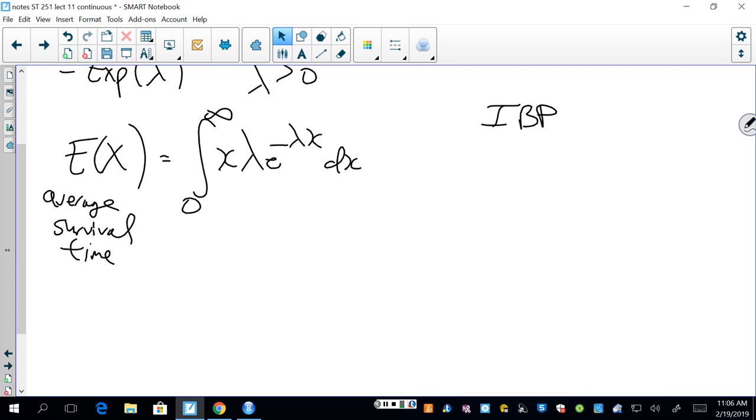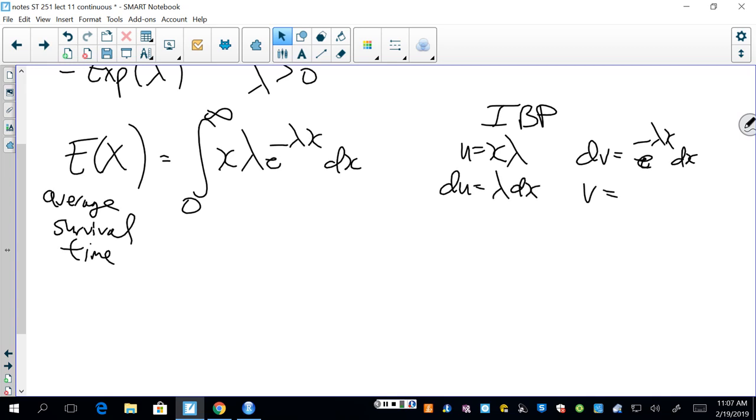To do this, we identify one part as u and another as dv. If you multiply this u and this dv together, we get this entire thing. And so we differentiate u, so we get lambda dx here, and we integrate dv with respect to x, and so we get e to negative lambda x, and then there's a negative lambda here.